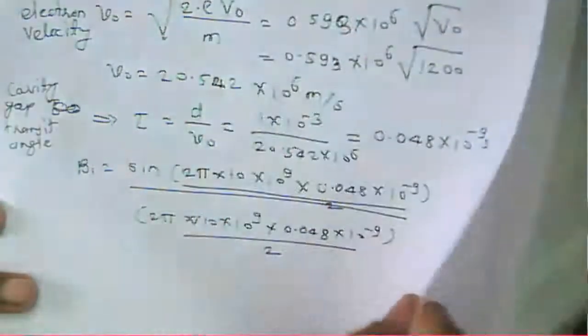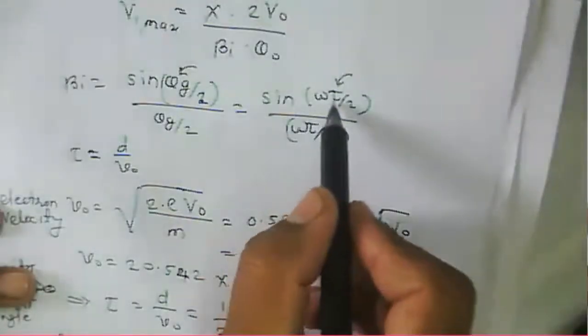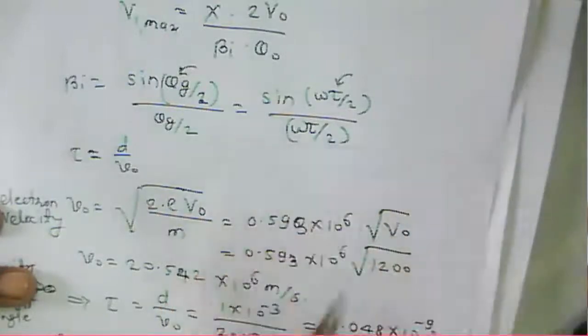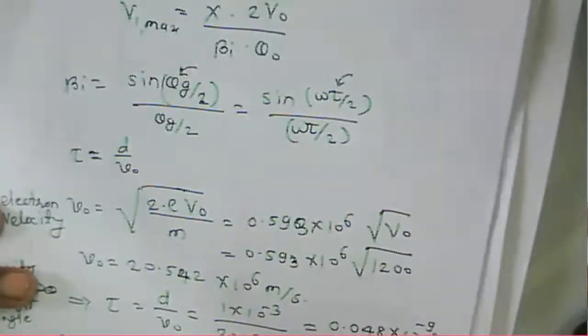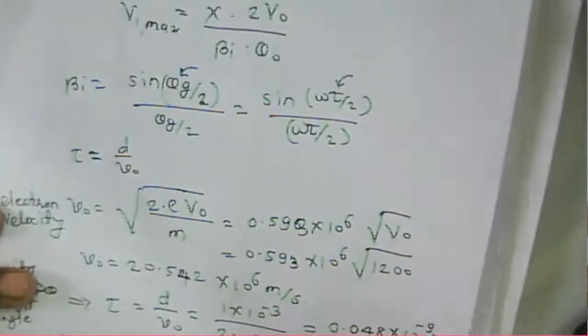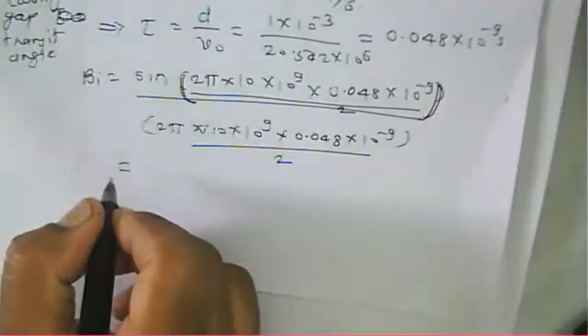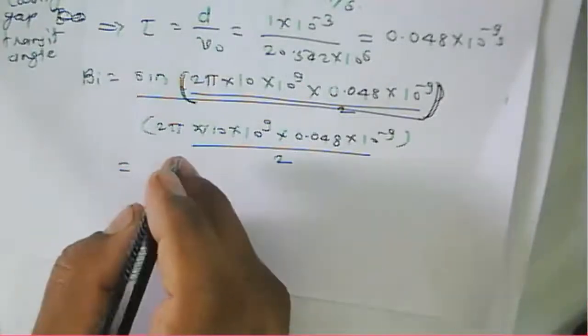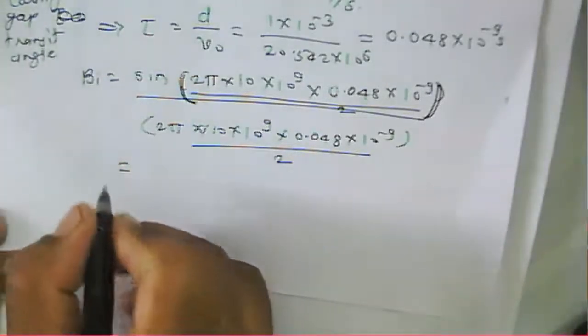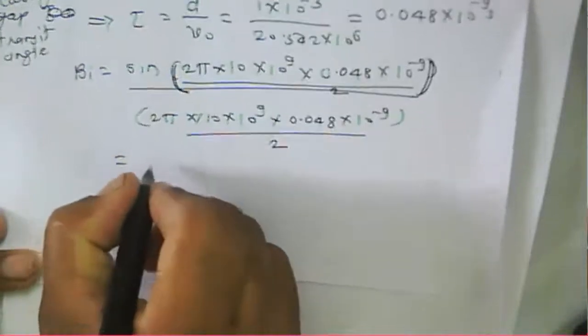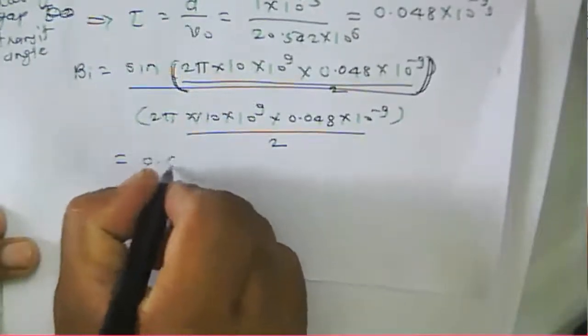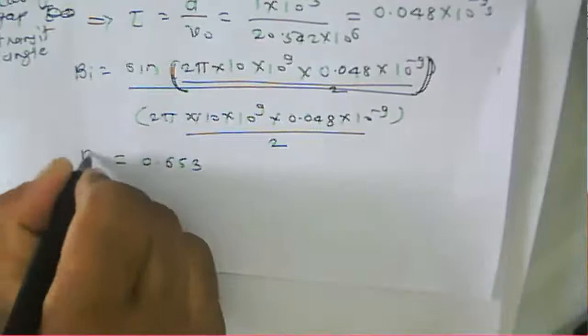The formula is simple. After solving this, we get the beam coupling coefficient beta i, that is 0.653.